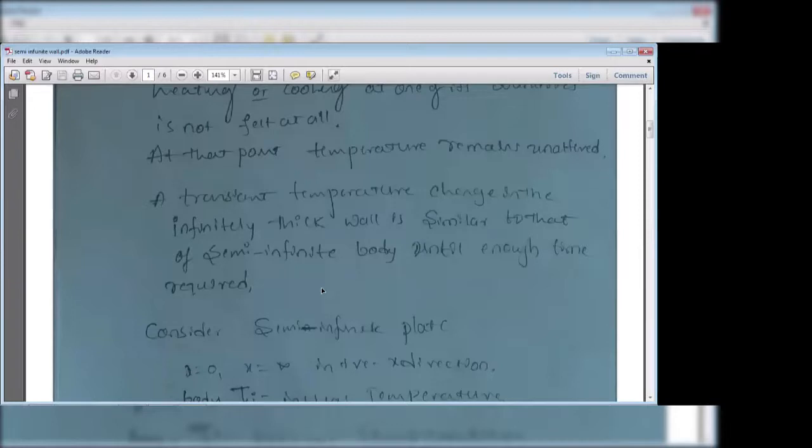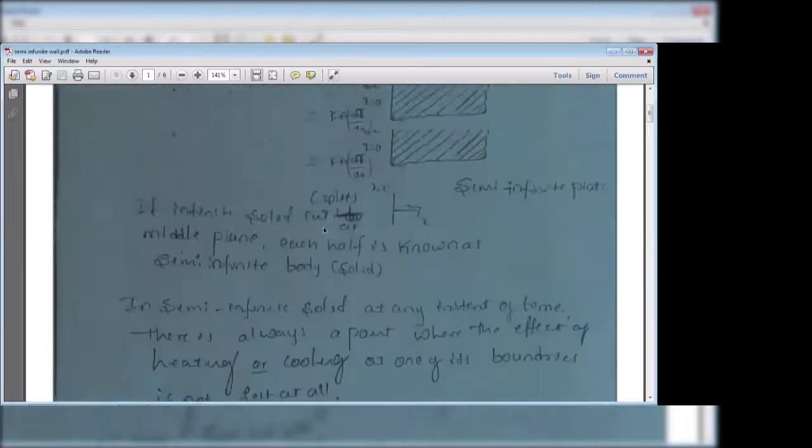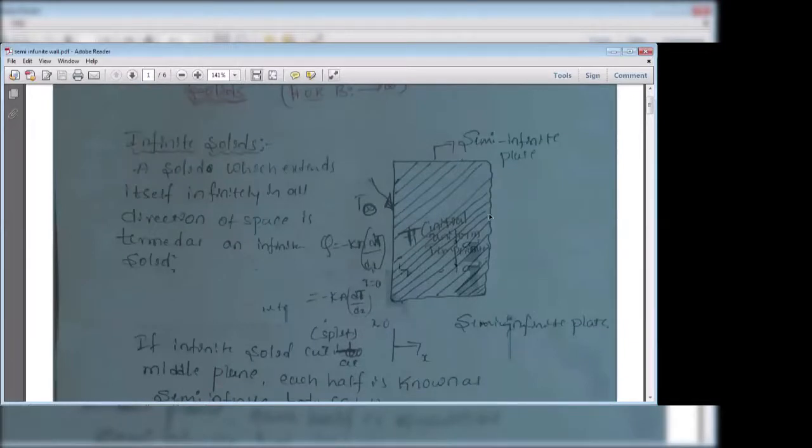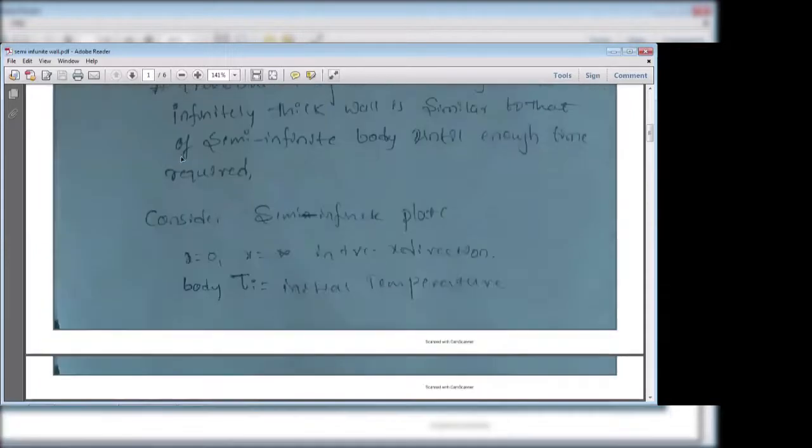Even in the semi-infinite solid, where the temperature remains unaltered, it sometimes takes time to make even a small change in temperature at the boundary, because the temperature varies with time.